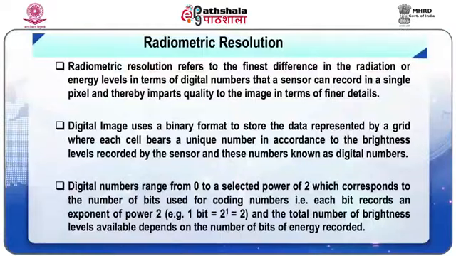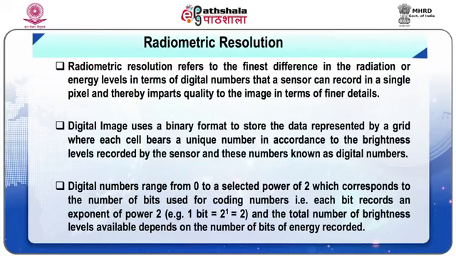The finer the radiometric resolution of a sensor, the more minuscule details can be extracted in order to get more meaningful interpretation. Any digital image uses a binary format to store the data, which is represented by a grid where each cell bears a unique number in accordance with the brightness levels recorded by the sensor. These numbers are known as digital numbers.